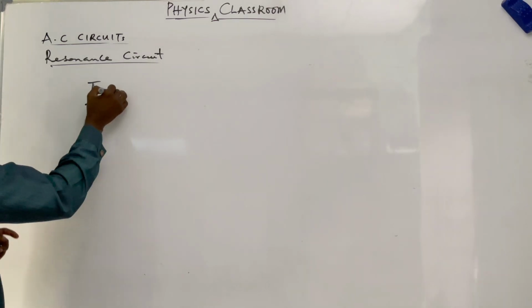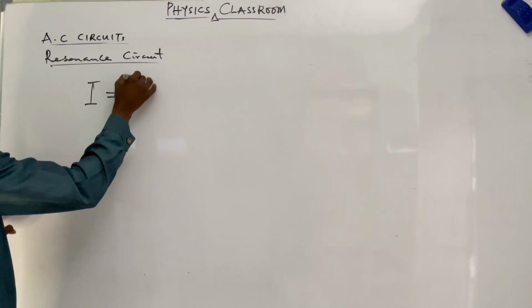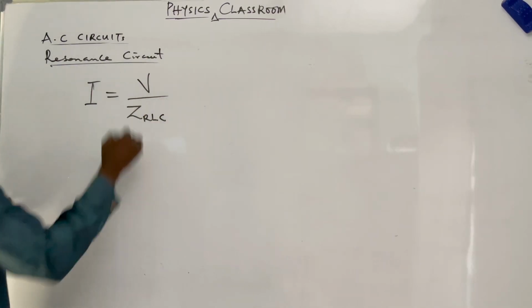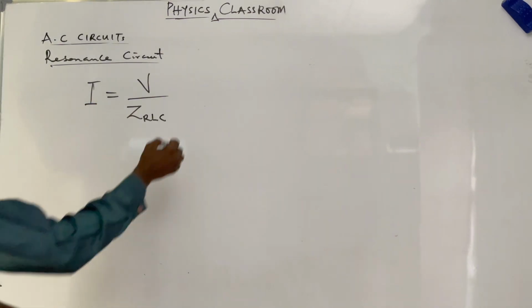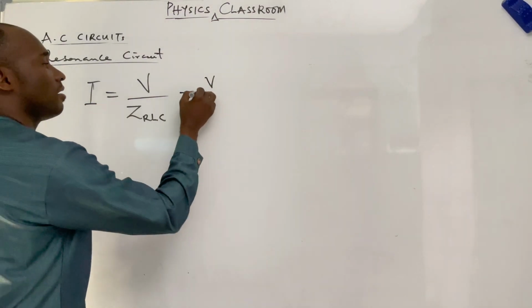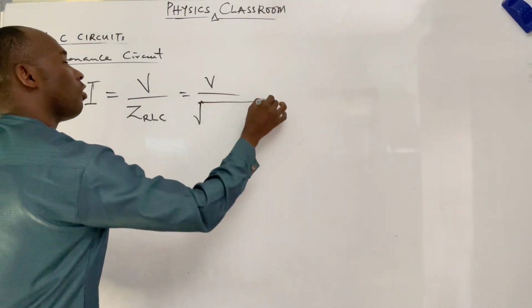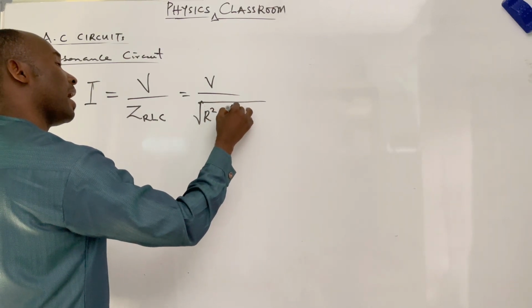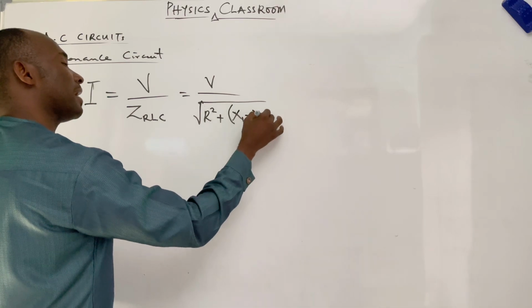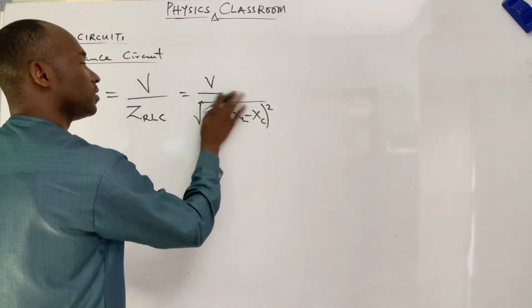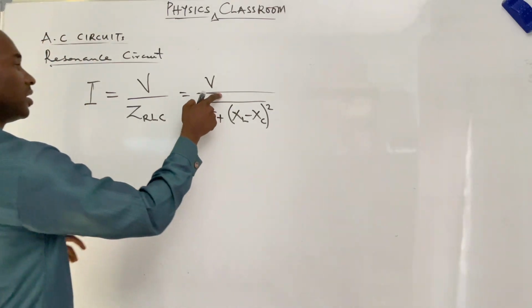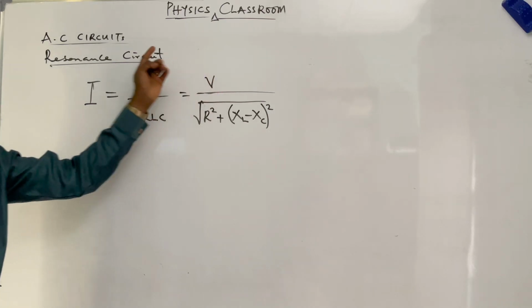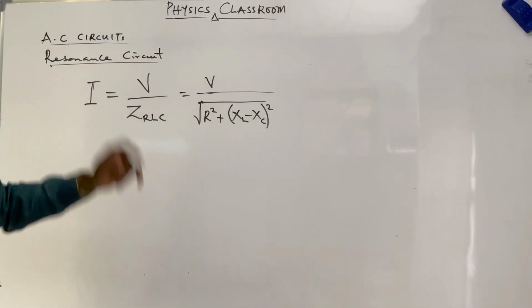That I can be said to be equal to V all over ZRLC, which could also be rewritten as V all over root of R squared plus XL minus XC all squared. So this is an equation representing the maximum current that flows through a resonance circuit.